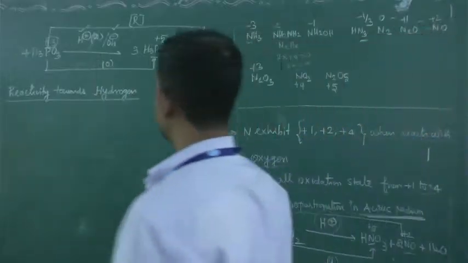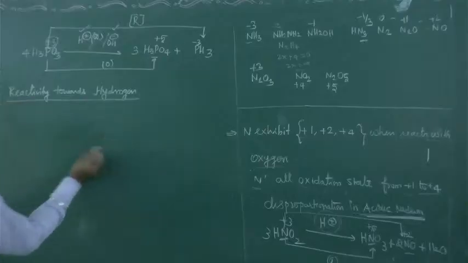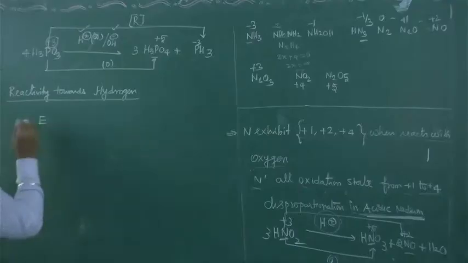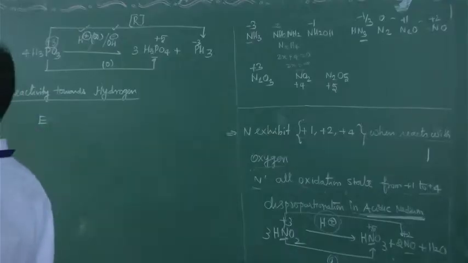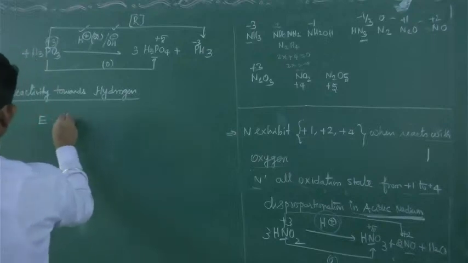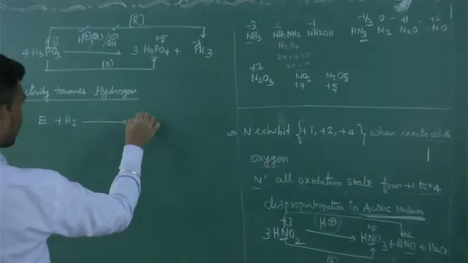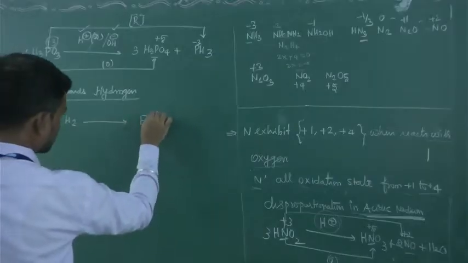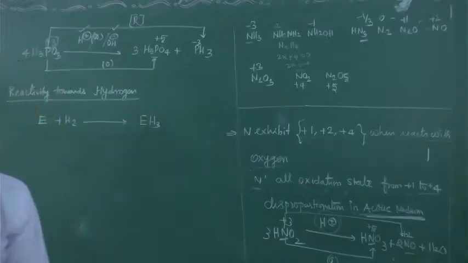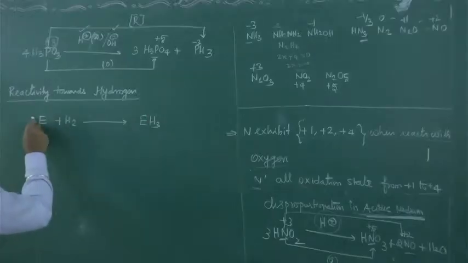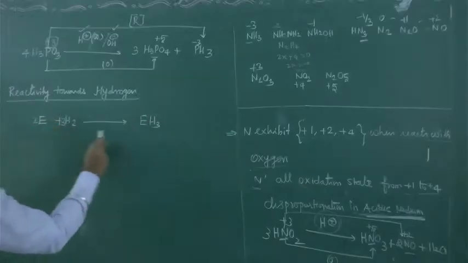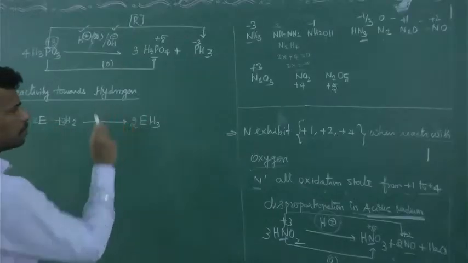For example, you take element E and treat it with hydrogen; it will form hydrides. That is going to be EH3 hydrides.